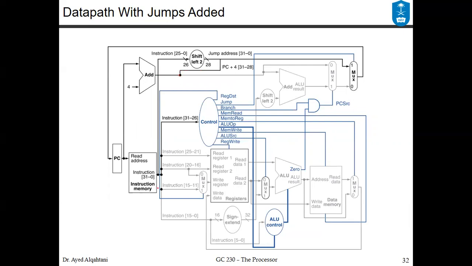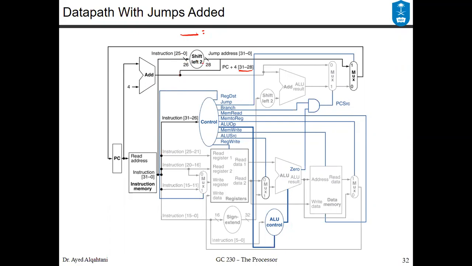You take only the 4 most significant bits, which is from 28 to 31, and you make those 4 bits here. And then you concatenate it with the bits from 0 to 25 that you take from the instruction. You take all of these bits and you rewire them to generate 28 bits.